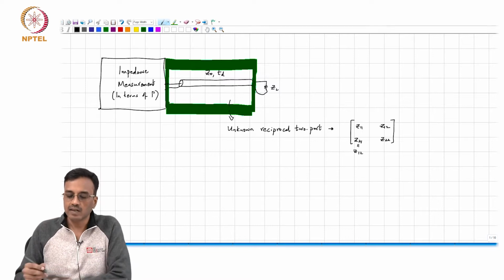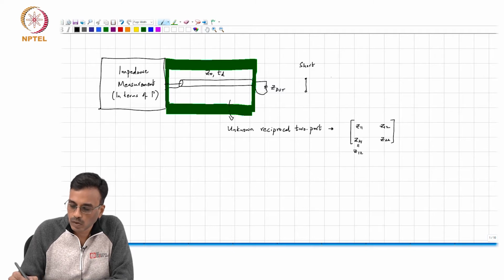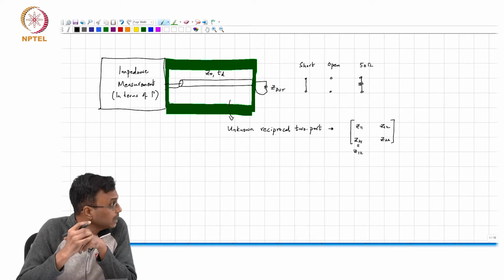So, the idea is before you put the Z dot, you put a short circuit, you have an open circuit, and you have 50 ohms, which is a standard, right.